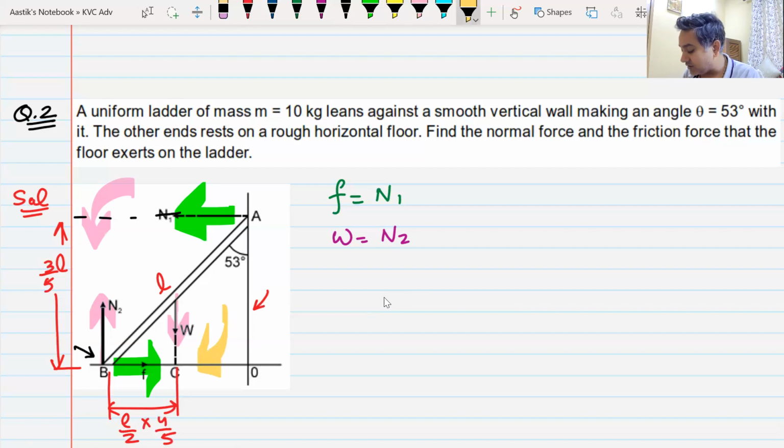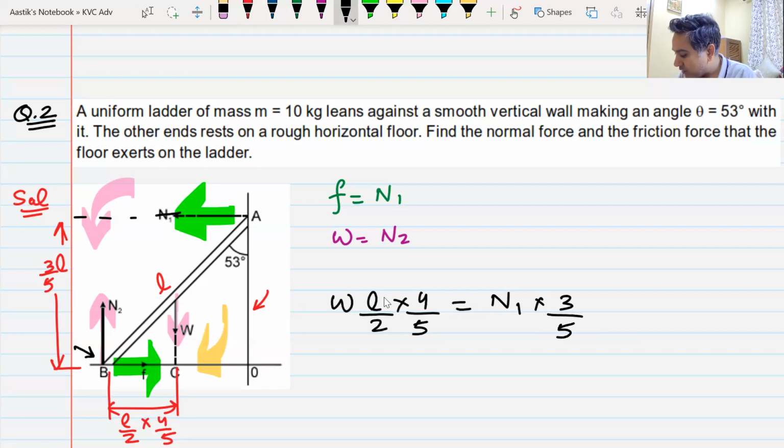This one is going to create this torque. Both the torques must be equal. That means W into L by 2 into 4 by 5 must be equal to N1 into 3 by 5 L. From here, you will get the value of N1, and N1 is equal to F. N2 is already equal to weight. Problem solved. Why were you taking so long?